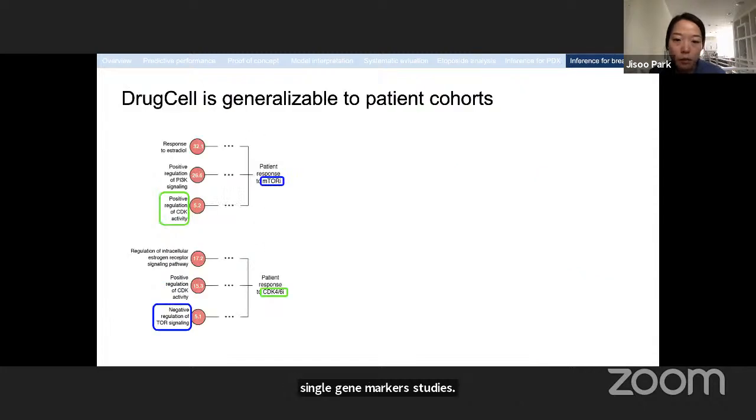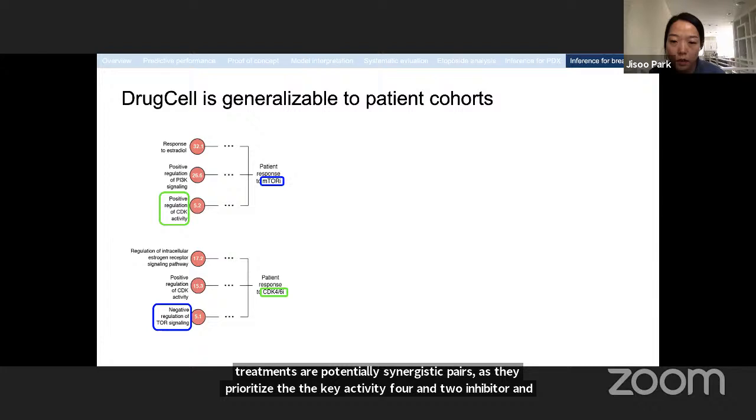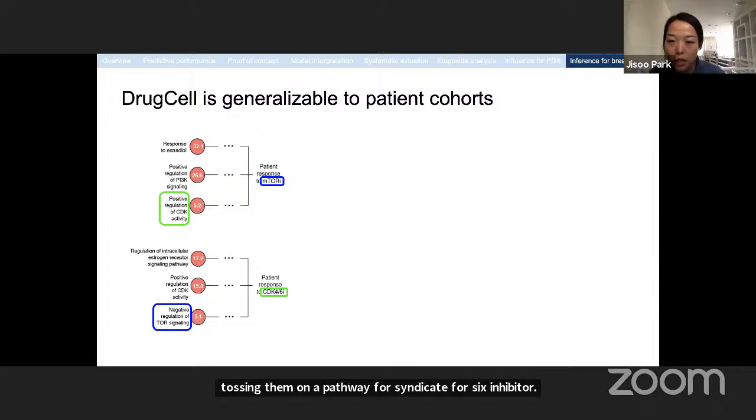I also performed the OLIP score analysis for mTOR inhibitor and CDK4/6 inhibitors. The analysis suggested that the two treatments are potentially synergistic pairs, as they prioritize CDK activity for mTOR inhibitor and TOR signaling pathway for CDK4/6 inhibitor. But this GENIE data doesn't have proper drug response information for the combination of the two.